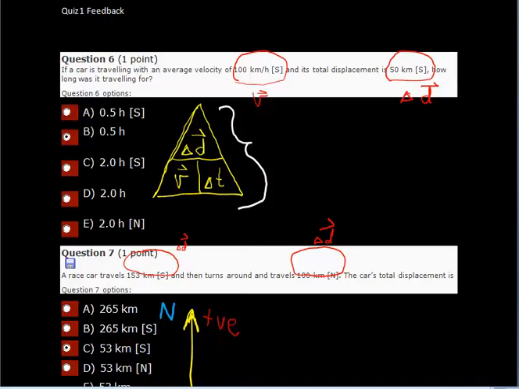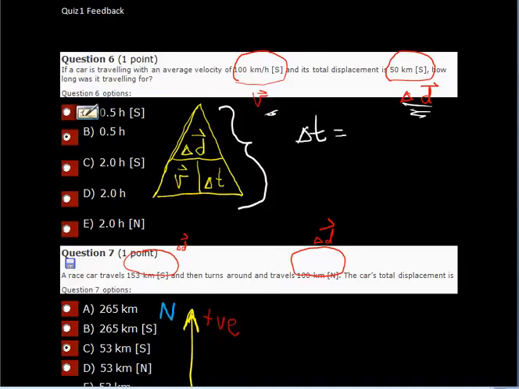So what we have here is displacement on top, velocity and time on the bottom. What am I looking for? If a car is traveling with an average velocity, so we're given velocity, and total displacement, we're given displacement, what we're looking for is time.